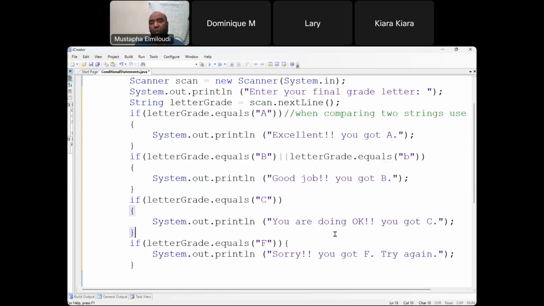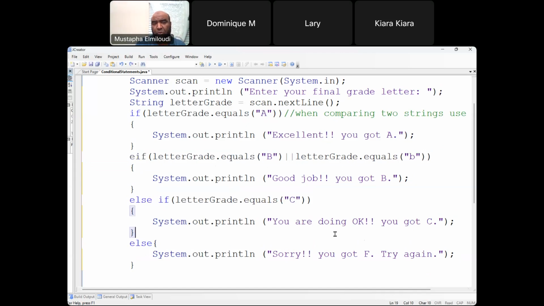So that's why else if is more efficient, because it saves your time, okay? But sometimes, if efficiency is not an issue, then it doesn't really matter which one you use. It's up to you, but these are options for you, okay? So this is if, else if, else if at work.